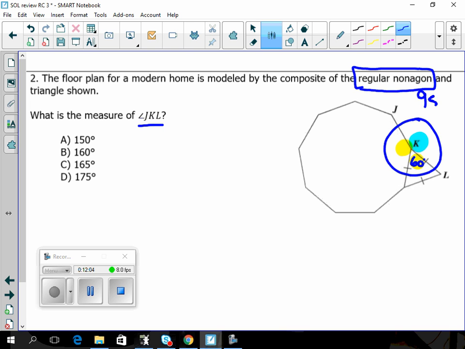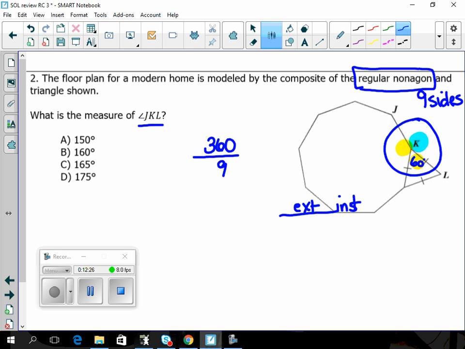A nonagon has 9 sides. And if we remember that we can find the exterior angle first, then we can find the interior angle. The exterior angle is found by taking 360 divided by the number of sides.